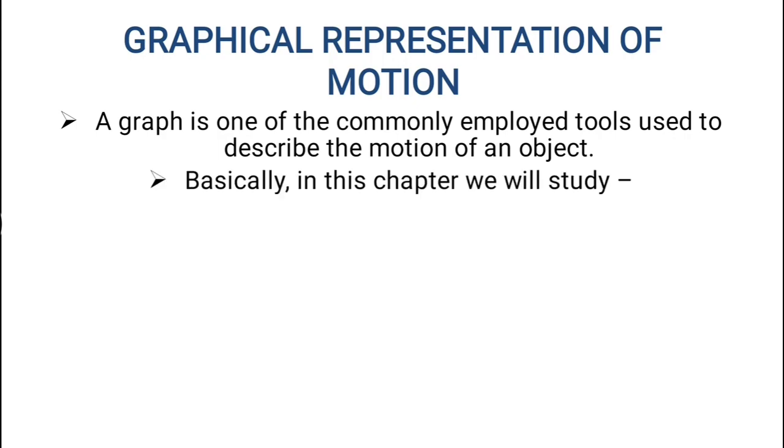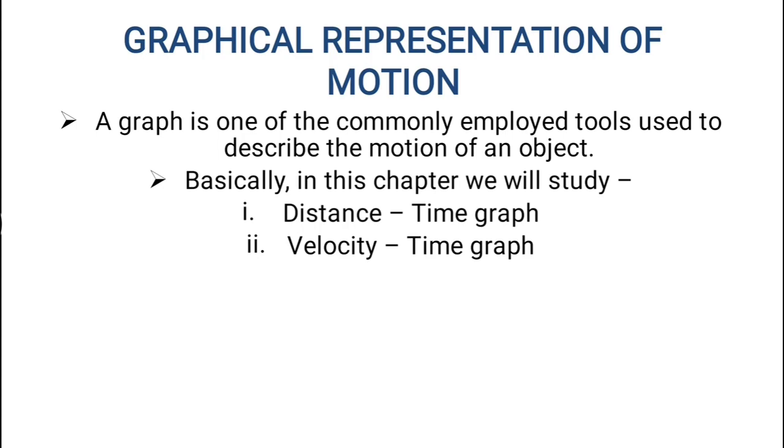In class 9th, we have to study basically these two types. First, distance time graph, and second, velocity time graph. So a distance time graph is a graph which relates the distance with time or shows the variation of distance with time. And second, a velocity time graph is a graph which shows the variation of velocity with time.